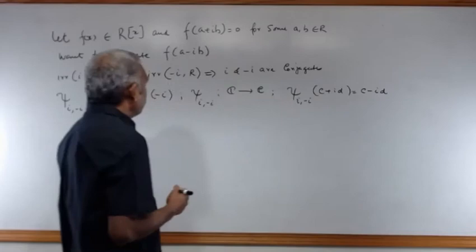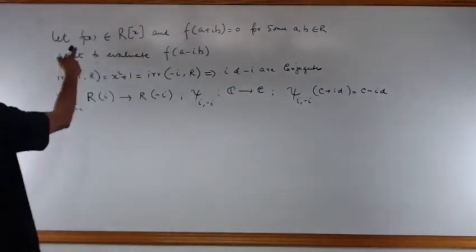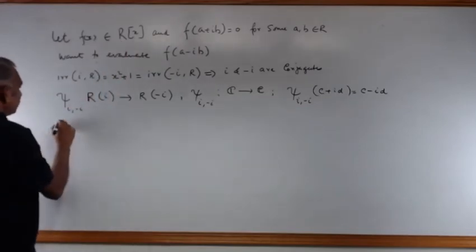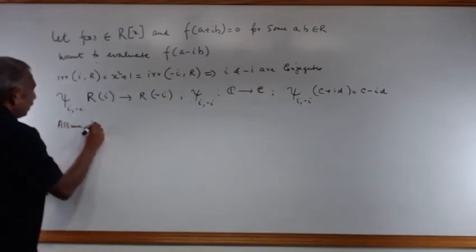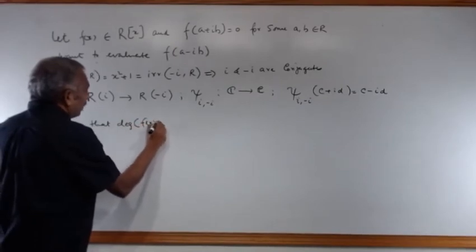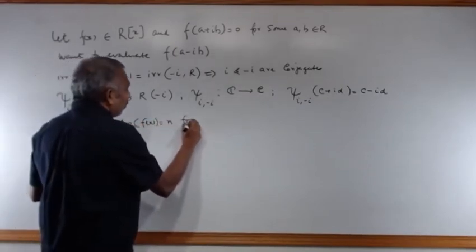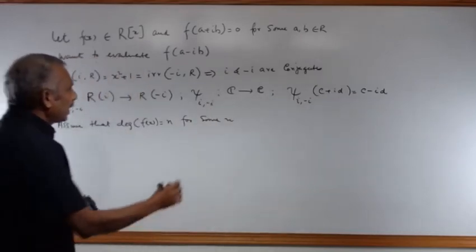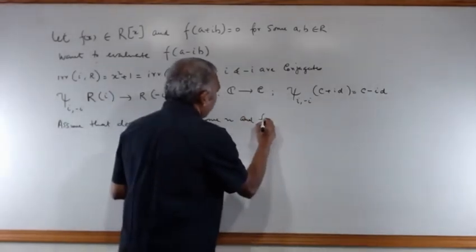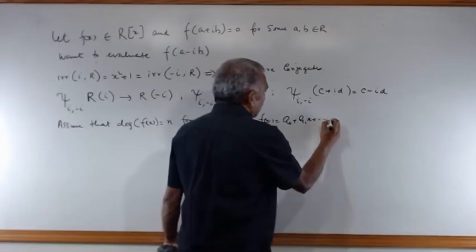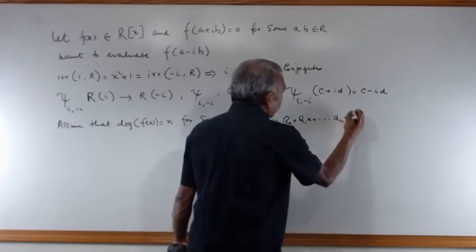See, f of x is a polynomial in R[x]. So assume that the degree of f of x is equal to n for some n, and f of x is equal to a0 plus a1 x plus ... an x to the power of n.